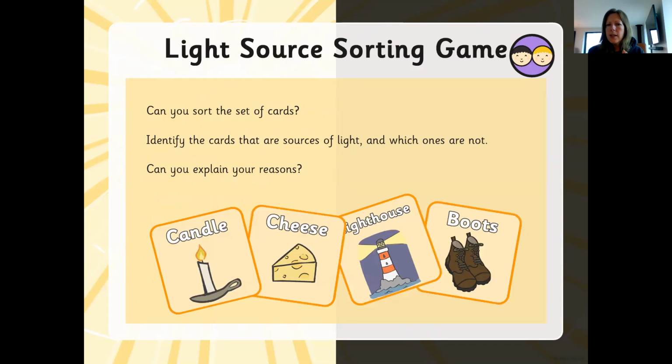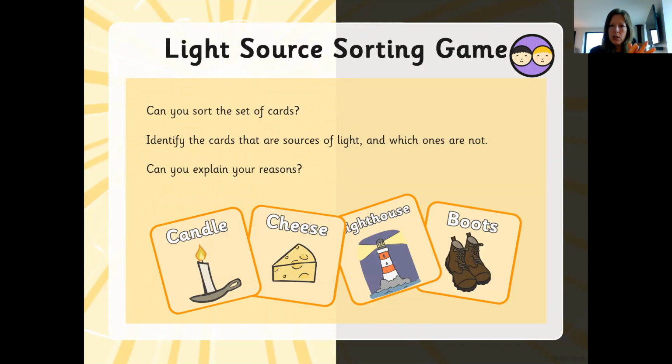Now, in today's folder, there are some sorting cards. What I would like for you to do, if you're able to, is to have a go at sorting them into two groups. One of those groups is going to be ones which are sources of light. So these are something that give out light.